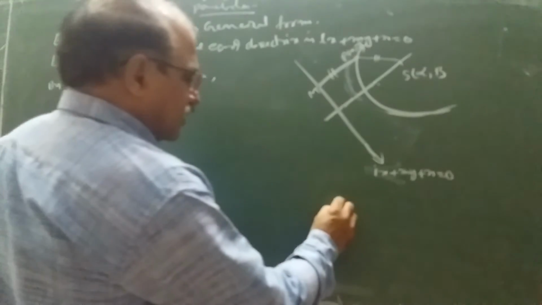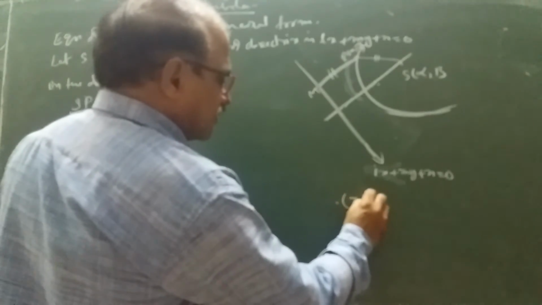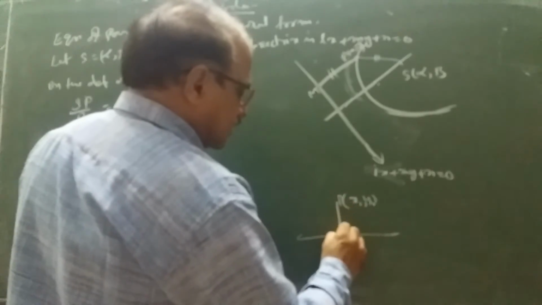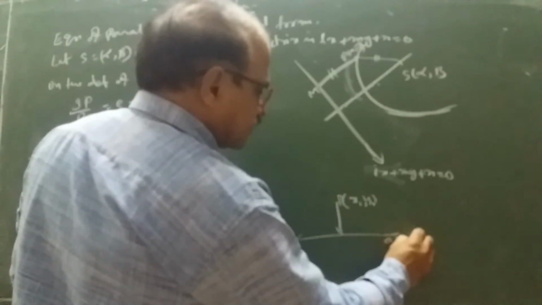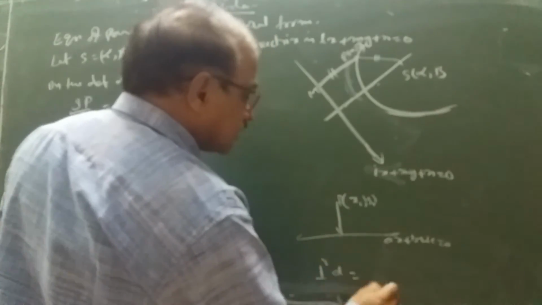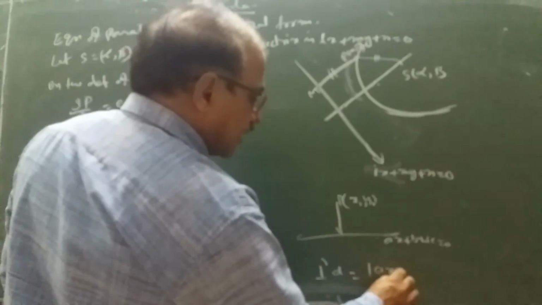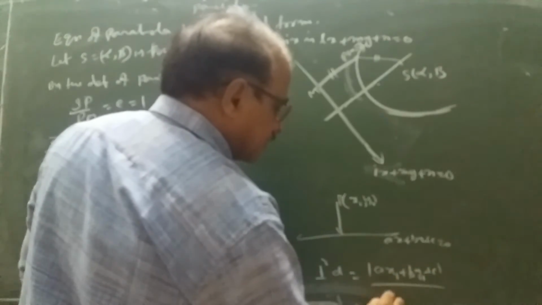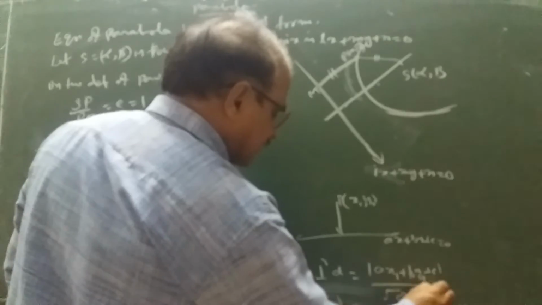We know that the perpendicular distance from a point (x1, y1) to any straight line ax + by + c = 0 is d = |ax1 + by1 + c| by root of a square + b square.